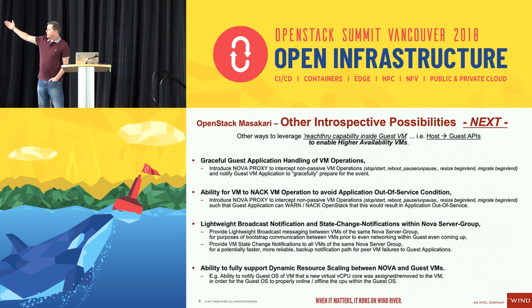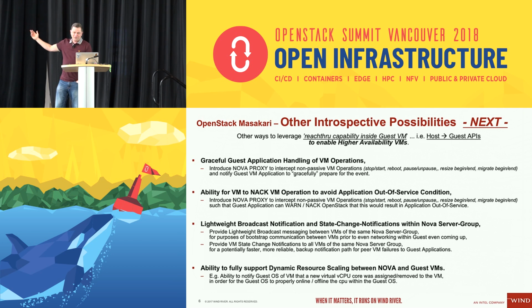The first two really are about introducing something like a Nova proxy to intercept Nova commands that are potentially disruptive to the VM, like a stop, start, reboot, pause or resize, and at the very least notify the VM that this action is about to occur so that it can gracefully prepare for the action, maybe close files or shut down protocol connections gracefully or that sort of thing.